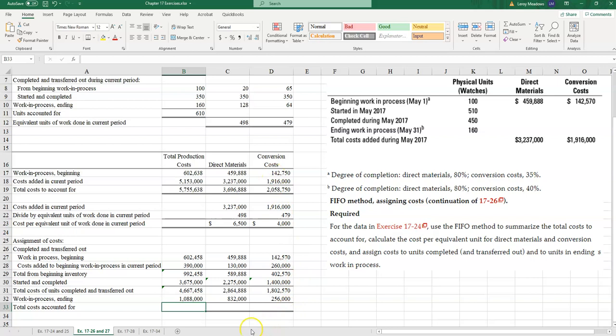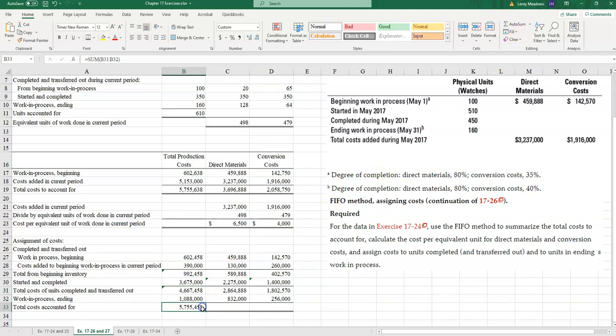So now we want to find out, did I account for all the costs? I had the cost to account for up here. How much cost am I accounting for? So I'm simply going to add up together the value of the units transferred out plus the units in ending inventory.